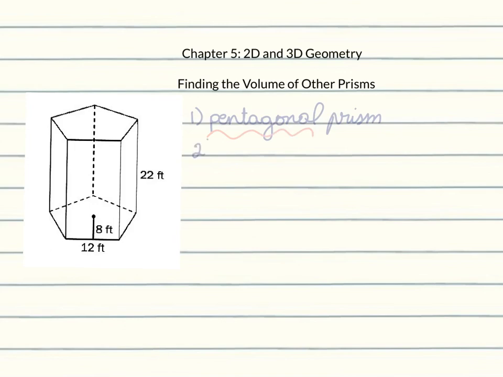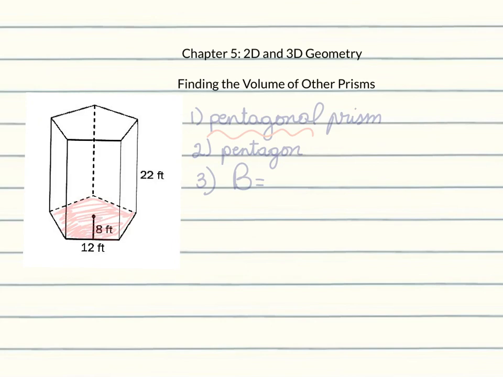So step number 2, we have a pentagon. Step number 3 would be identifying the area of this pentagon, so capital B. Let's highlight this pentagon and identify its dimensions. Over here, this is the pentagon that we need to find its area to help us find the volume.